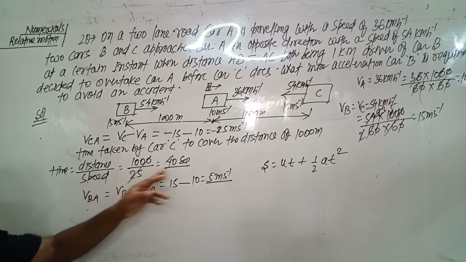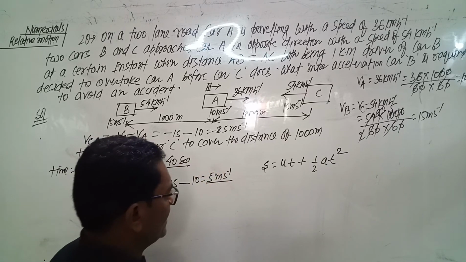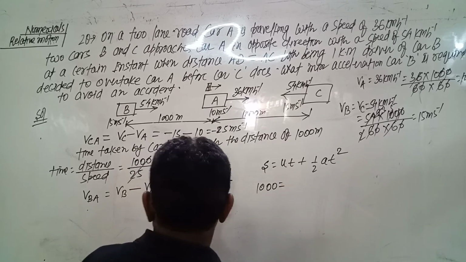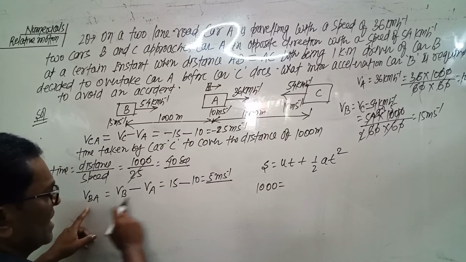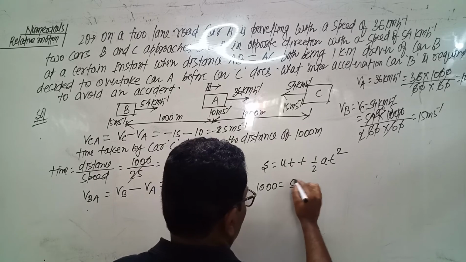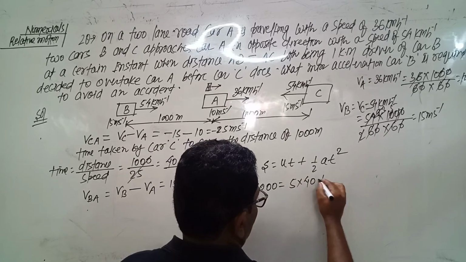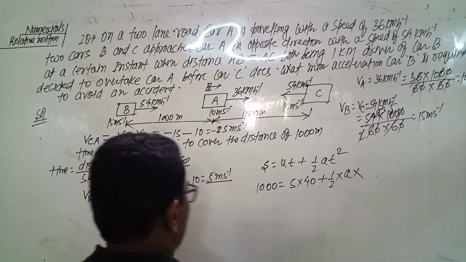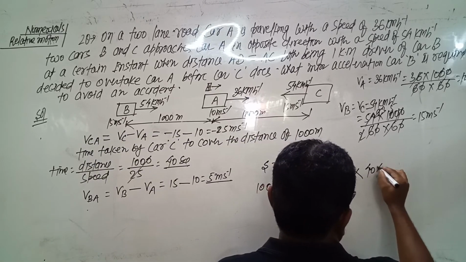So we use the time as 40 seconds, and the distance as 1000 meter. Initial velocity, the relative speed of car B, is 5, so 5 into 40 plus half acceleration, which we have to calculate, times time square, which means 40 into 40.